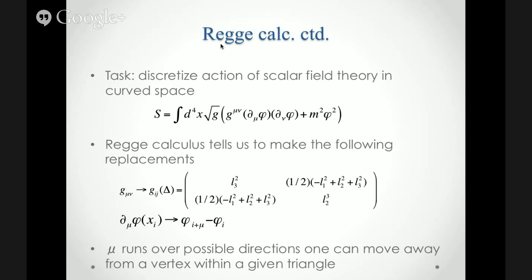And you can rewrite the entire thing in terms of invariant lengths, obviously, because 3 sides determine a triangle, and that's all the information you need. So once you do that, you have your metric, you have determinant of your metric, and now this ambiguity about how do I change my sum over mu to a sum over neighbors is removed because, well, these are your 2 directions. So you just sum over those 2 directions, and then you sum over triangles. Okay.